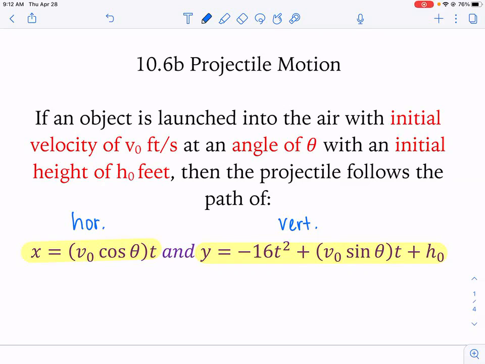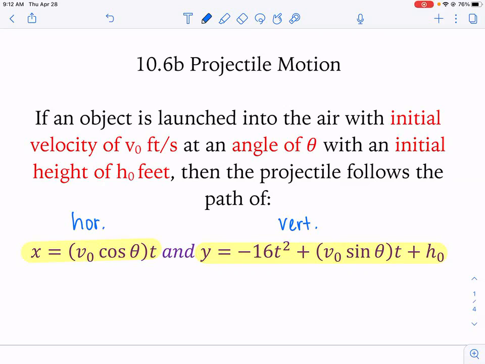If we switch to baseball, if we hit a baseball or throw a baseball, same thing. We're gonna hit it at some sort of an angle, it's gonna have velocity, but we'll have an initial height of maybe 3, 4, 5 feet off the ground, depending on if you're hitting or throwing. These are the situations we're going to analyze. So we're gonna need to be able to take a scenario, write these equations, and then use these equations to answer questions.